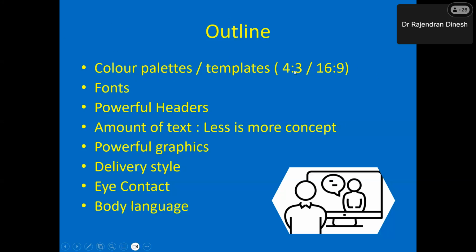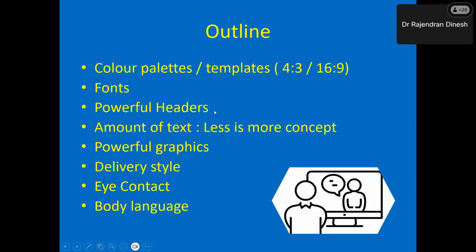And usually a 4:3 or a 16:9 orientation is good for a template, and fonts have to be used accordingly. Avoid using fancy fonts which are not readable. Try to use legible fonts which are readable and presentable, like Times New Roman, Calibri, Arial, which all are helpful.